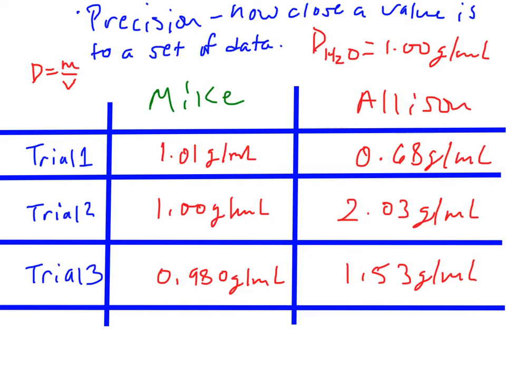All three of those trials are very close to each other. 1.01 is really close to 1, and 1 and 1.01 are really close to 0.98. So all three of his sets of data are extremely close to each other. That means that Mike was very precise when he did his experiment.